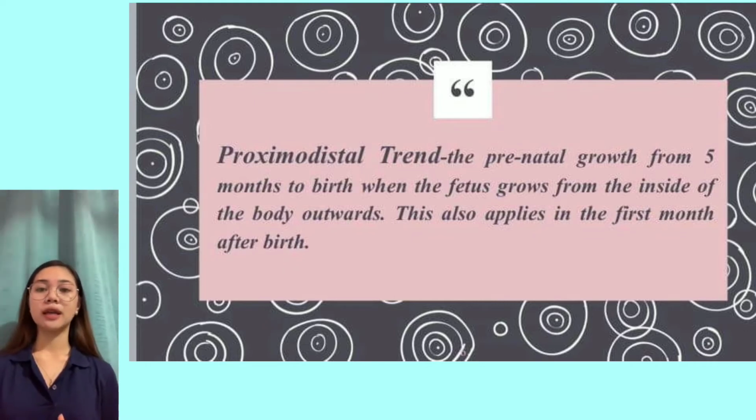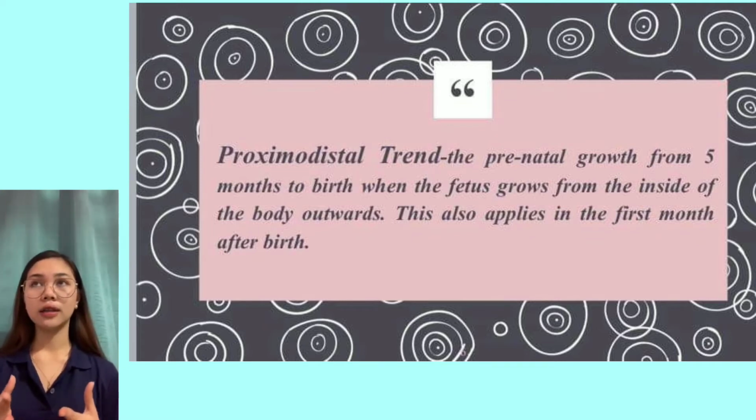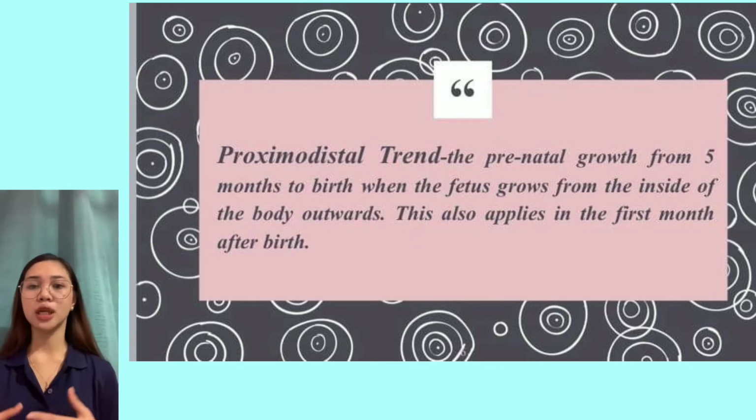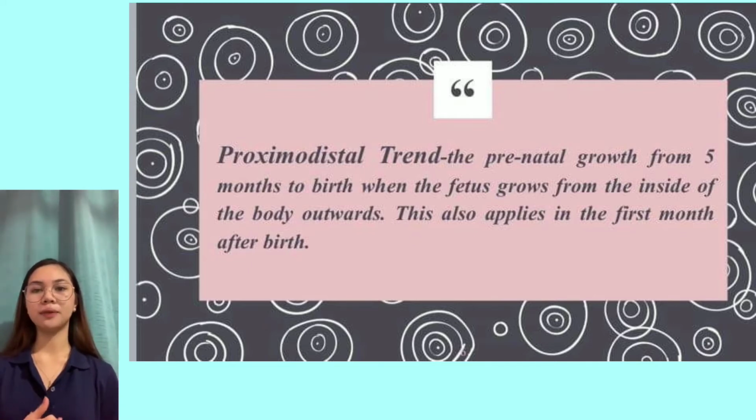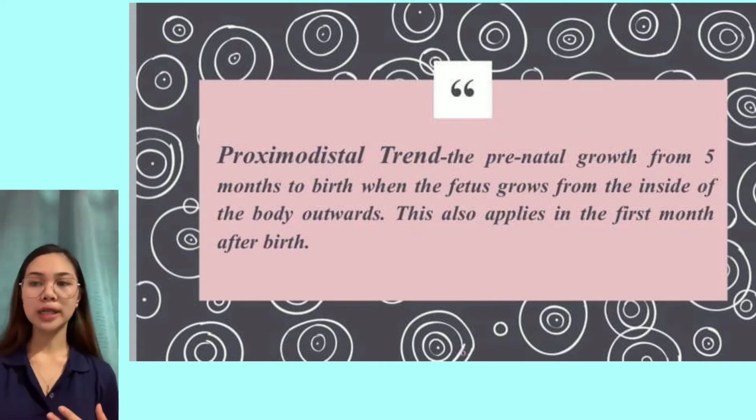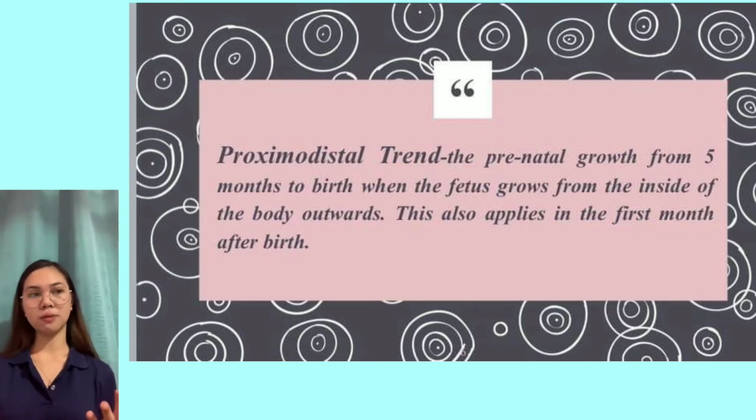The proximodistal trend is also the tendency for more general functions of limbs to develop into more specific or fine motor skills. The proximodistal pattern of development is where growth starts at the center of the body and moves towards the extremities, like the hands and the fingers.